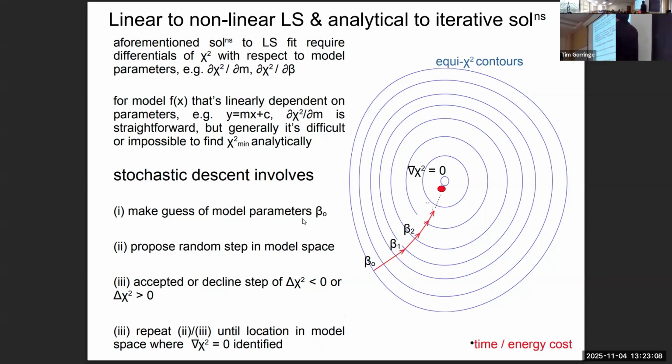Here's a picture of chi-squared as a function of those two parameters. You could imagine, say, C horizontally and M vertically. So the two parameters are the two axes here, and the curves in blue are equipotential curves.